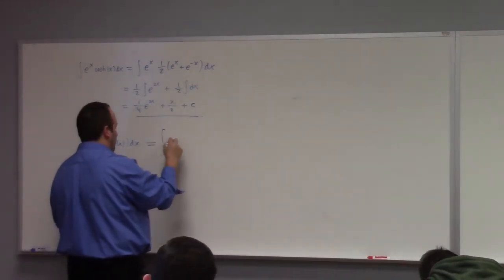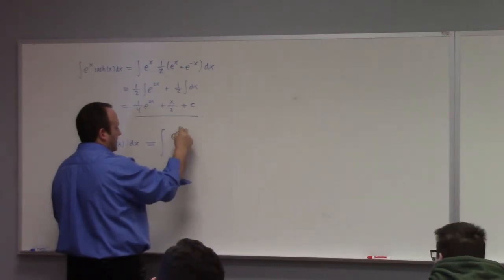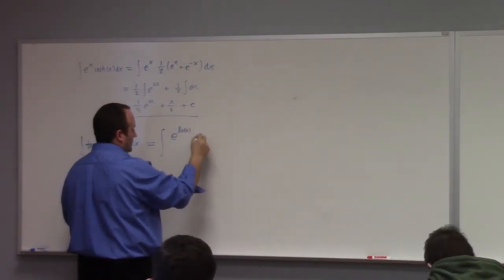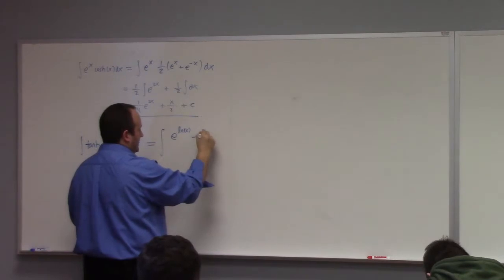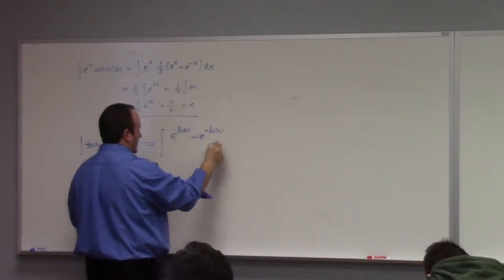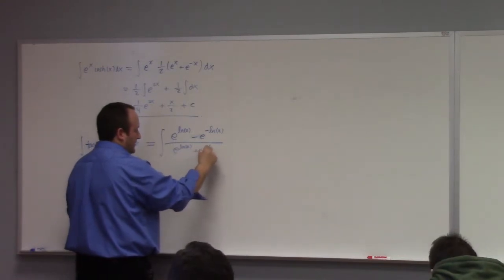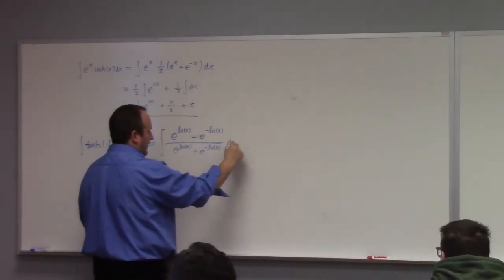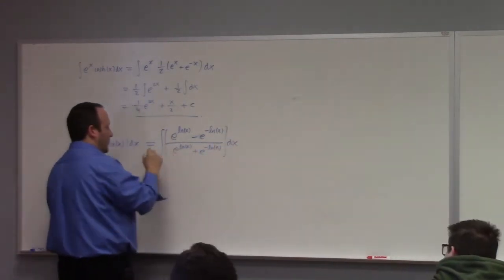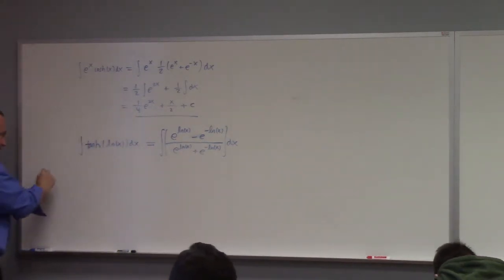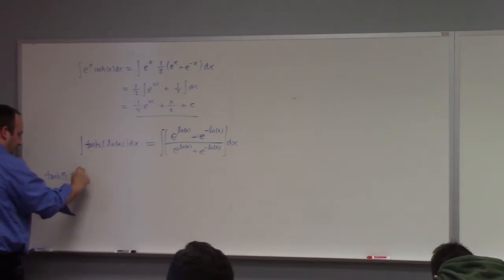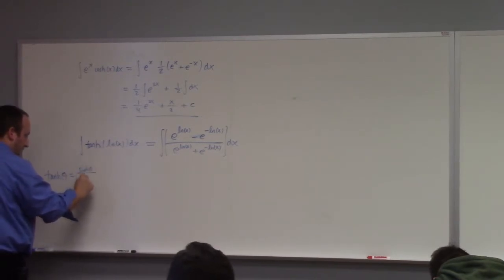This is really what? Integral of e to the log of x minus e to the minus log of x, divided by e to the log of x plus e to the minus log of x. Why do I do that? Remember that formula we wrote down for hyperbolic tangent of something? I'll use theta. It's sinh theta over cosh theta, right?